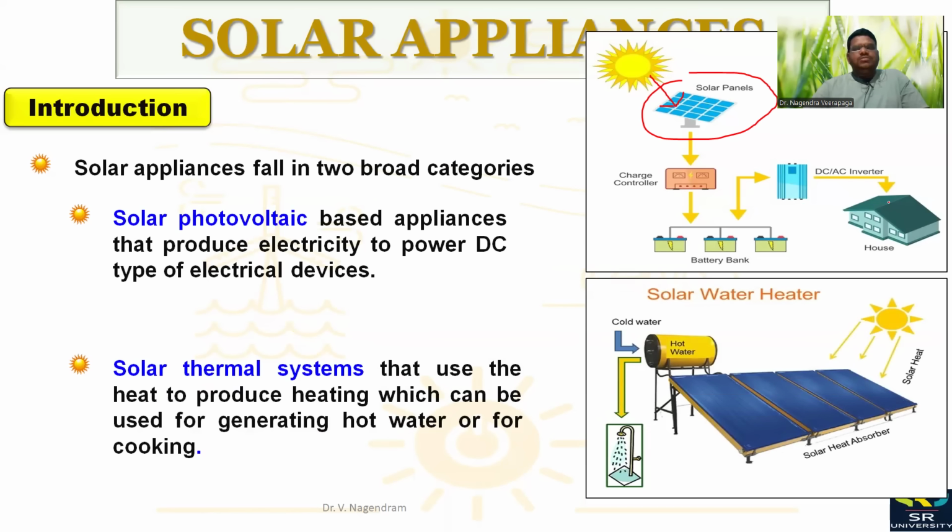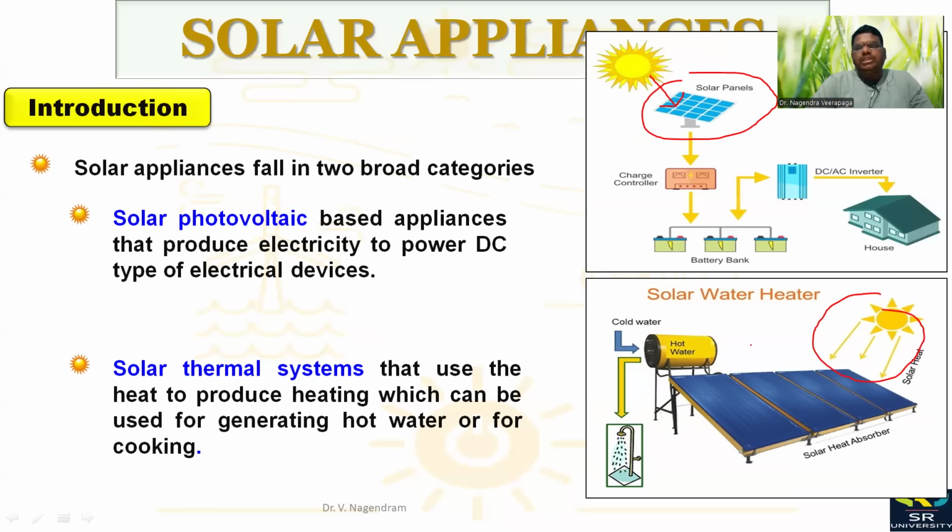The best example is the solar water heater. Here we have a solar thermal collector. Its main aim is to collect heat from the solar radiation.